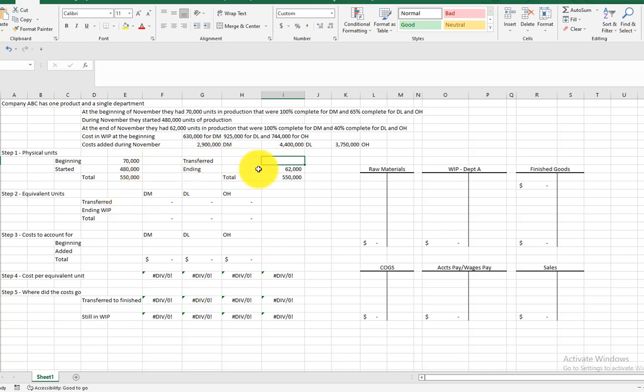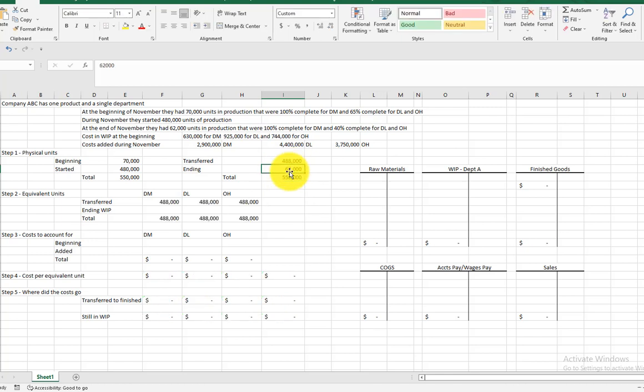All right? So we just need a number that is 550 minus 62, right? 488 must have been transferred. So as long as you have 3 of these 4 numbers, you can get the 4th, right?